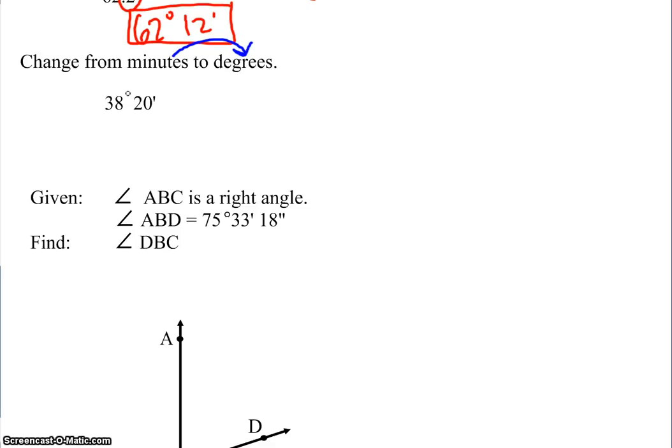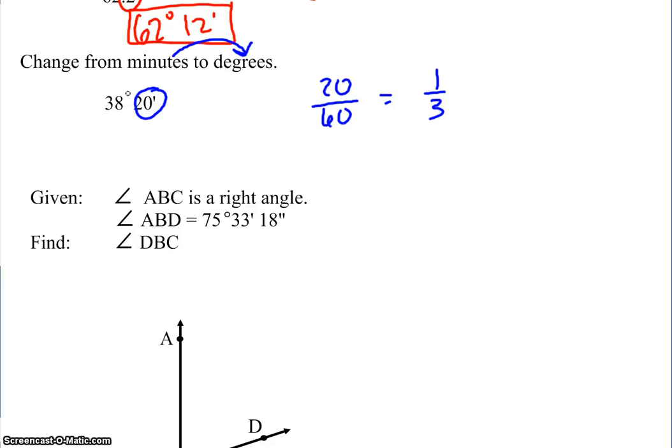How do you come up with that? Well, because I've got 30 minutes out of the 60 it takes to make a full hour, so it'd be 30 over 60, that would reduce to half an hour. It's the same idea here. I have 20 minutes, and it takes 60 minutes to create a full degree, so that would simplify to 1/3 more of a degree.